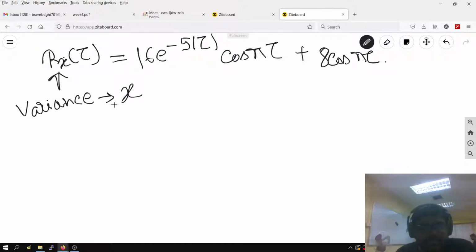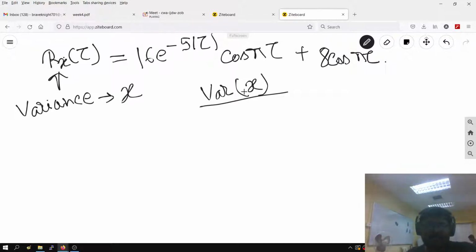Suppose this is x, what is the variance of x? So what is the answer? Anybody here?